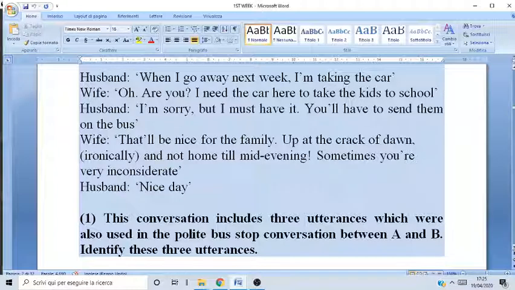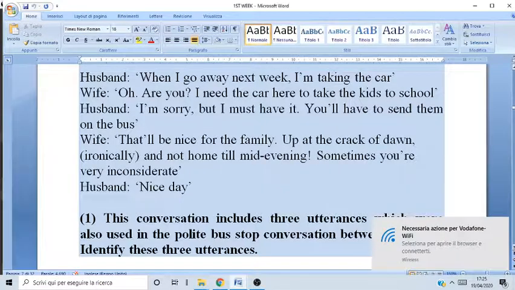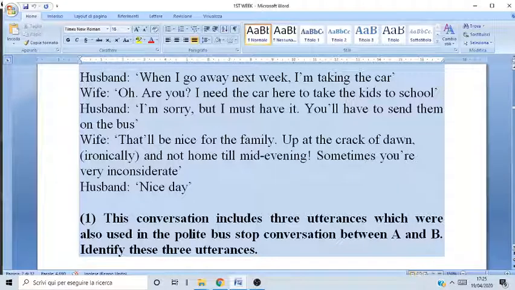So, you could have had a nice déjà vu here because, for question number 1, this conversation includes 3 utterances that were already used in the previous conversation that we analyzed. So, which ones are they?